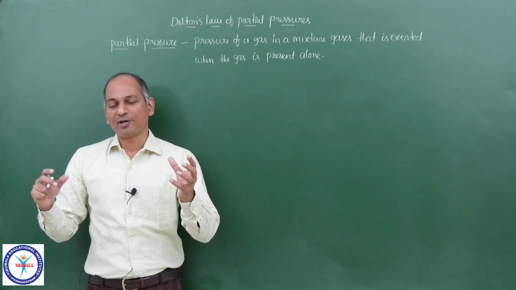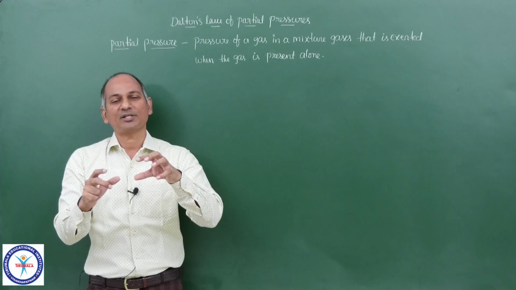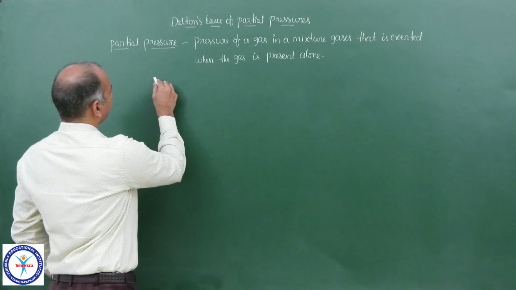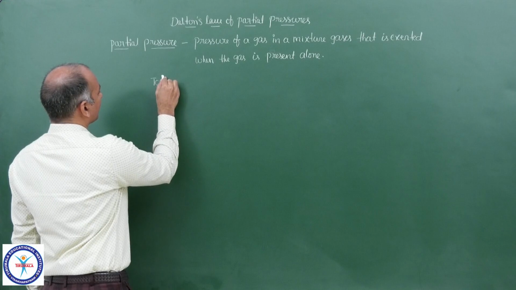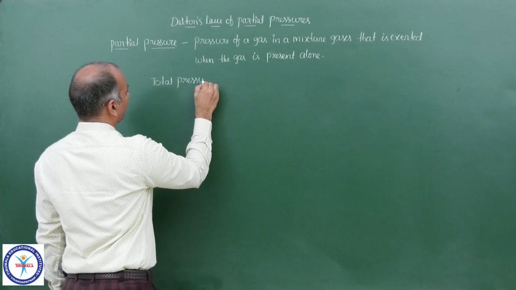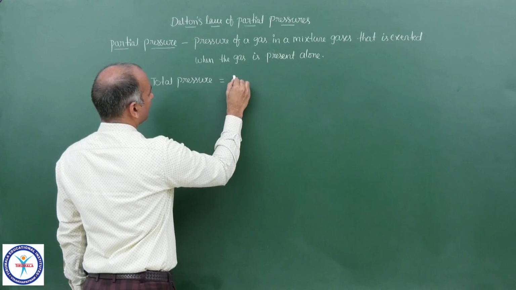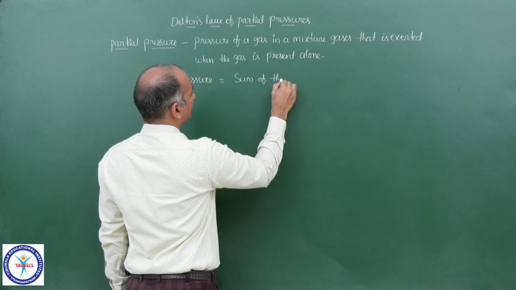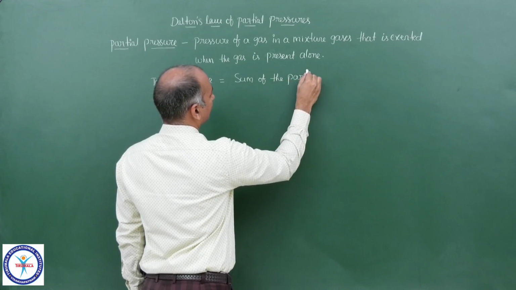Oxygen partial pressure, nitrogen partial pressure, carbon dioxide partial pressure. You add these, then you will get the total pressure. So, the total pressure of a gas mixture is equal to the sum of the partial pressures of all the gases.